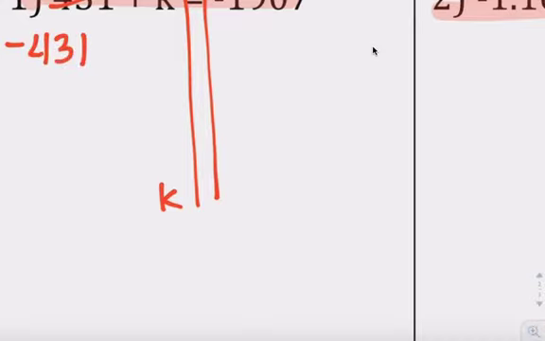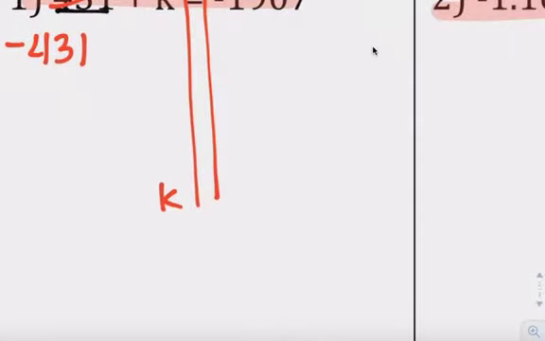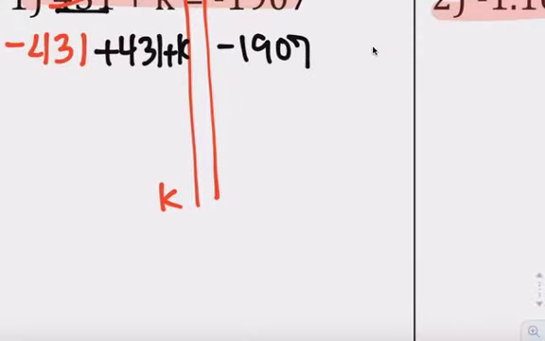If you subtract 431 from this number, that's a positive 431 plus the K. If you subtract 431, you need to subtract it from the negative 109.07 also.